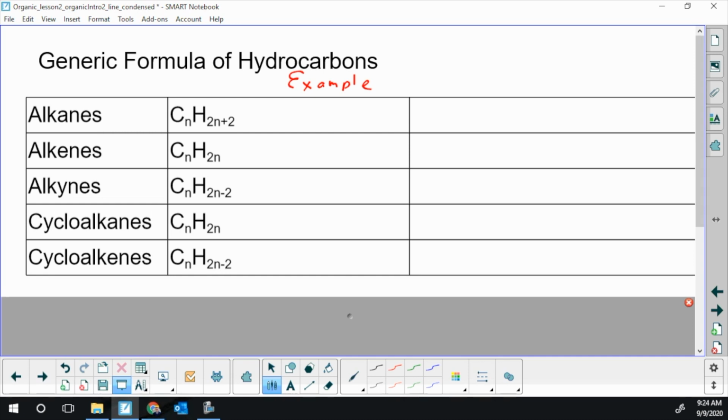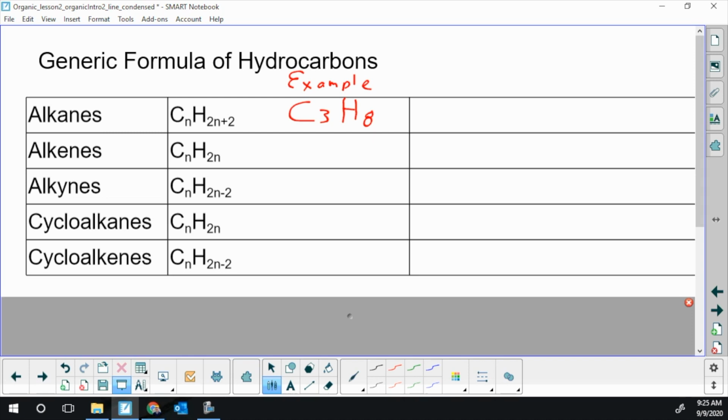So an example of this, if I have propane, C3, and it's an ane, I can quickly predict the hydrogen count. Two times 3 is 6, plus 2 is 8. I don't have to draw it to know the molecular formula. I can just quickly predict it. And this can be quite handy and useful.